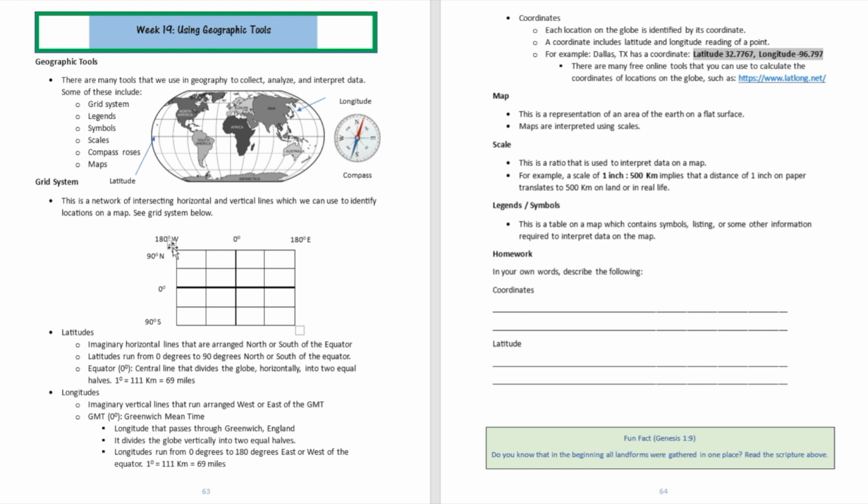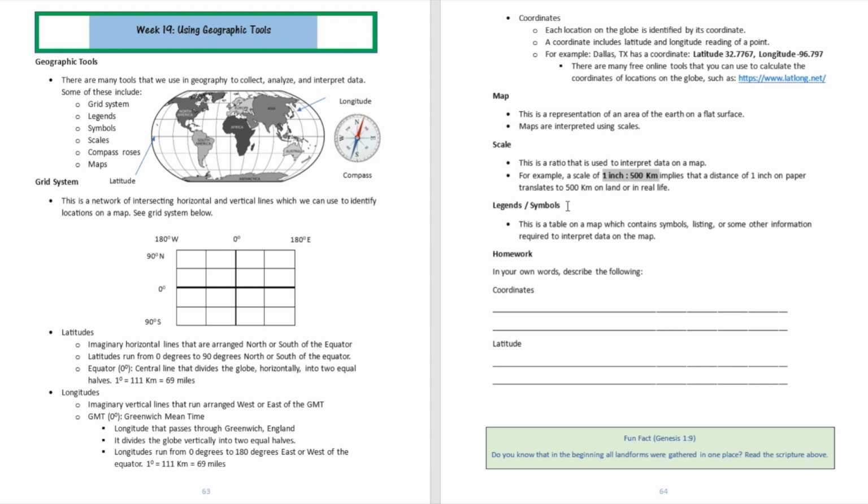When you have a map on a sheet of paper, you have a scale to let you know that maybe 1 inch on this sheet of paper is equivalent to 500 kilometers or 500 miles on land. Scales let you know the equivalent distance of what I'm measuring on this paper map compared to real life. That's what a scale is.